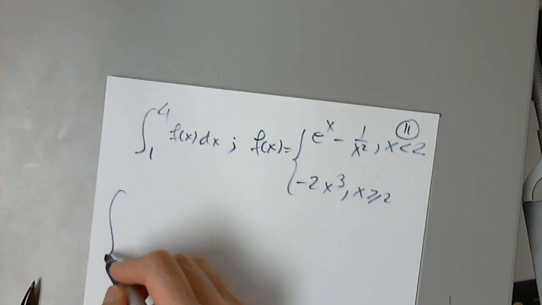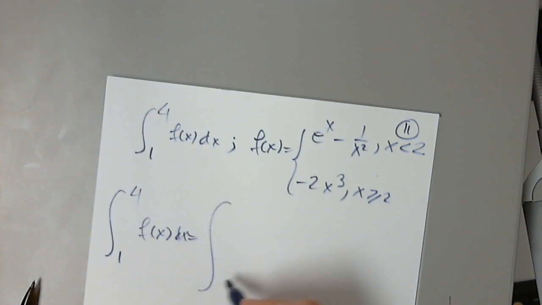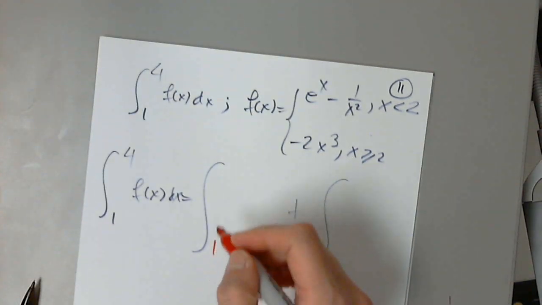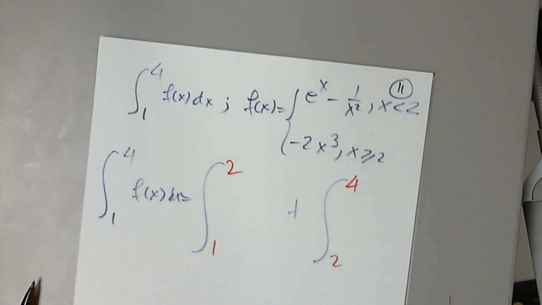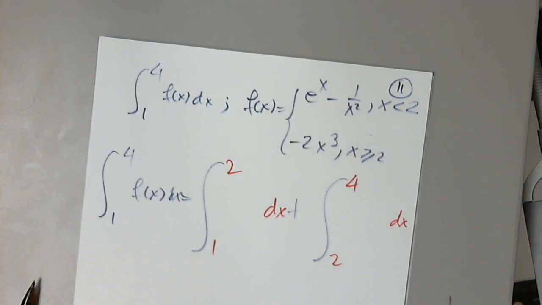No, we have to start with the integral from 1 to 4 of f of x dx, and we have to write this. But that's the starting point. And yes, then the limits of integration will be from 1 to 2 and from 2 to 4. Do we all see why it's going to be between 1 and 2 and 2 to 4? Okay, 1 to 2 from which function dx, and 2 to 4 from which function dx?